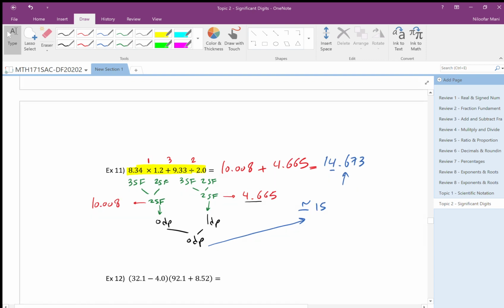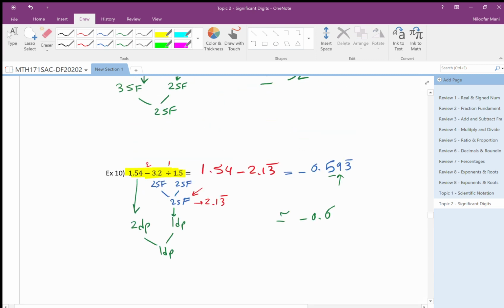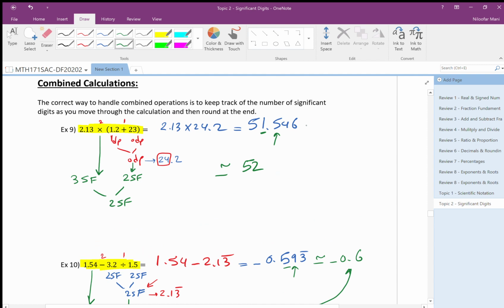Or maybe I can write it here. Do I have a space here? Yes, so I can write, show it here, and also I can show it here.